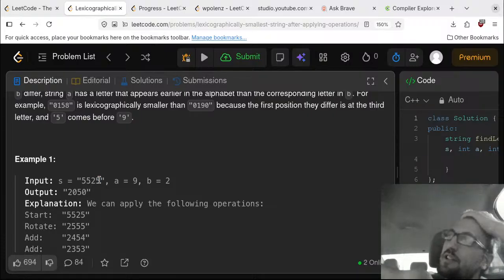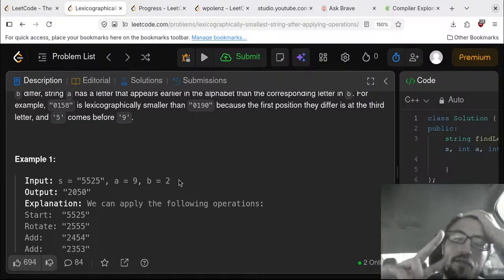The main issue here, though, is that there's two things. Firstly, because this is being applied to the odd positions and there's a rotation involved, there's two possible things that could happen.